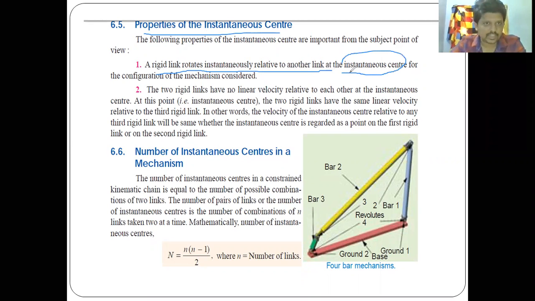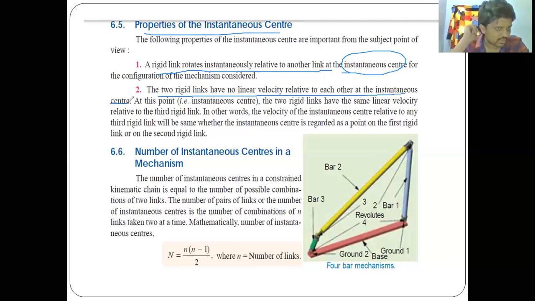That is how we define the instantaneous center. It is a basic property of a mechanism. The other one is that the two rigid links have no linear velocity relative to each other at the instantaneous center. These are two very important properties which we should remember when using the instantaneous center method.